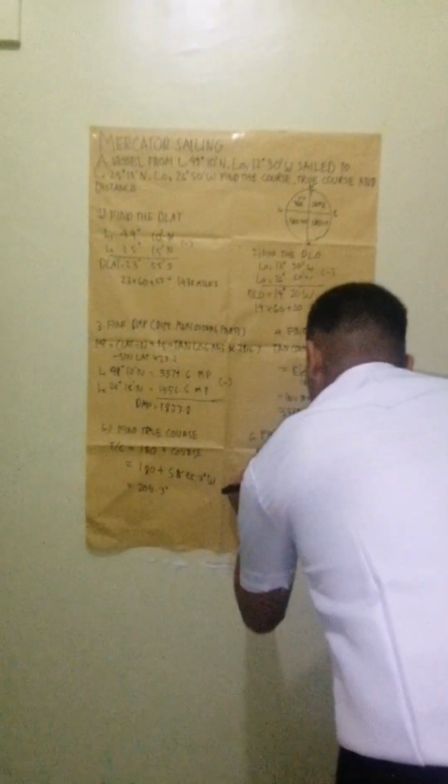And then the DLAT is 1,435 miles, and the cosine course is 25.3 degrees. We must divide the DLAT and the cosine course, and then the answer of this is 1,587.2 miles. And this is how we solve the Mercator sailing.